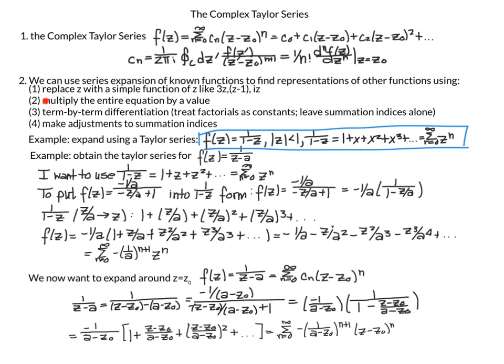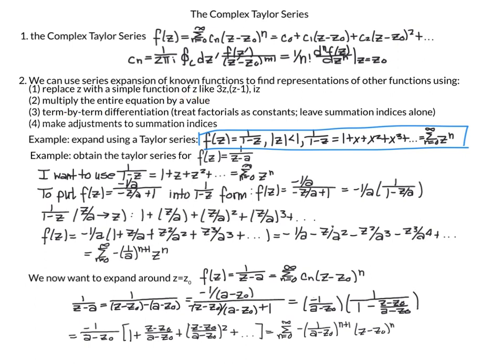We did examples of these first two techniques. The first one was replacing z with a simple function of z, something like 3z or z minus 1 or iz. And the second is by multiplying the entire equation by a value. We did something like that. We factored out a 1 over z cubed somewhere. So that was sort of the same sort of idea.